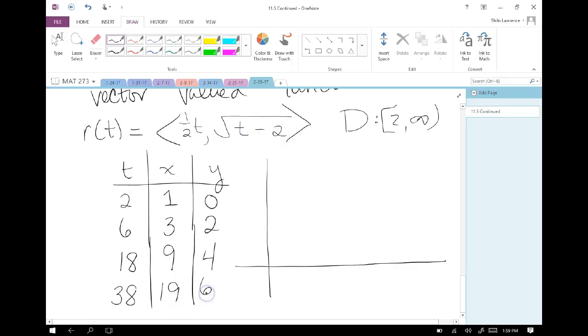Square root is 6. So we've got 1, 0, 3, 2, 9, 4.